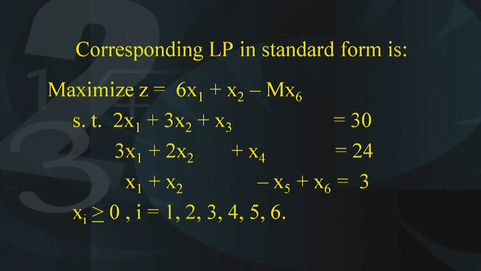Of course, as you know, in the LP in the standard form, the objective function has to be of the maximization type. Also, since x6 is an artificial variable, it has to be incorporated into the objective function by multiplying M times x6 and subtracting this term, minus M x6.